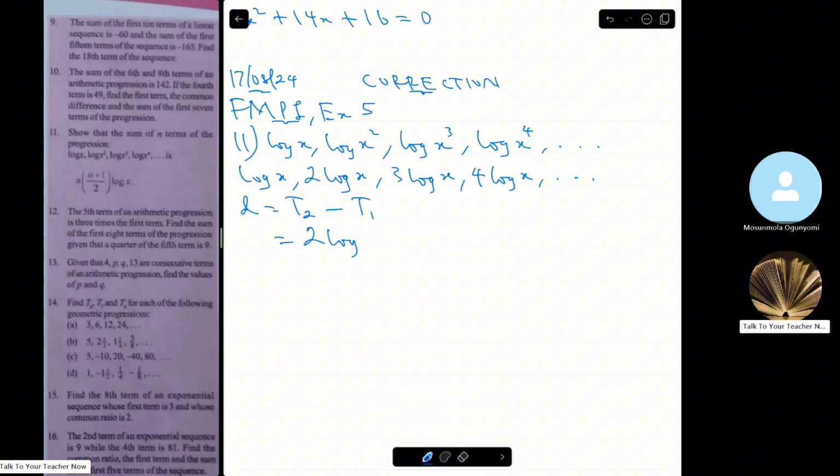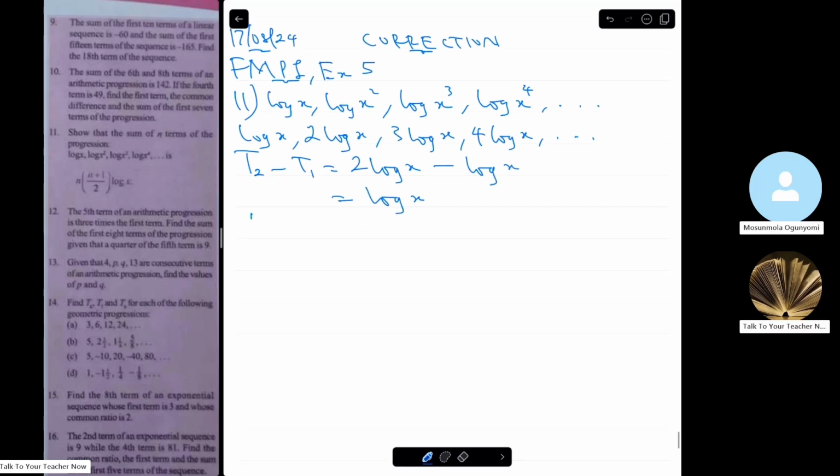Beautiful. Linear sequence. Exactly. This is what I'm going to do. I'm going to say it's a linear sequence. T2 minus T1 equals 2 log x minus log x, which is equal to log x.